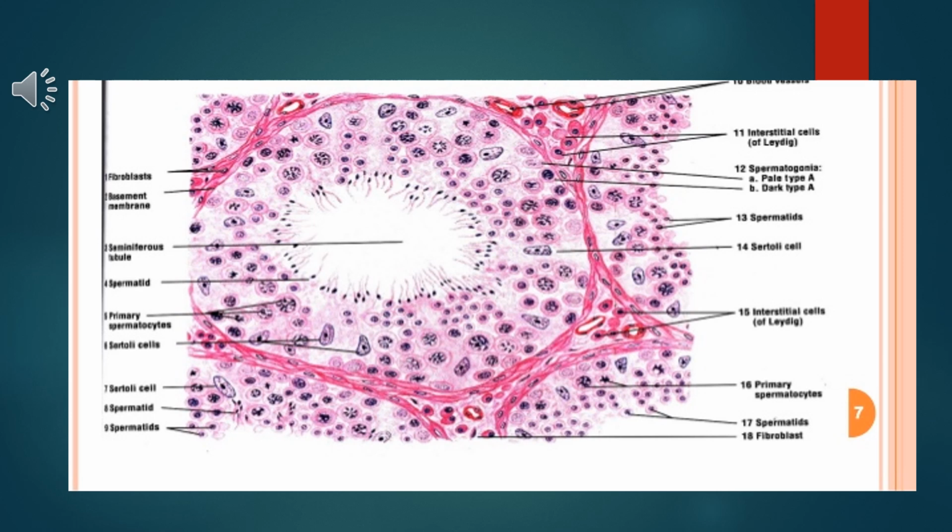What you can draw is the basal lamina. Next to that, the next layer is the spermatogonia. Then you will represent the larger cell among the population, that is the primary spermatocyte. And then you can draw the spermatids, whose number is numerous compared to that of the spermatogonia.